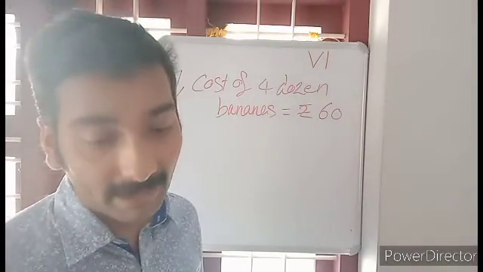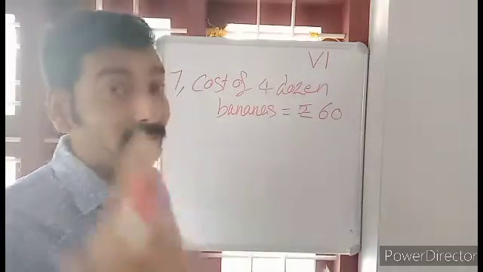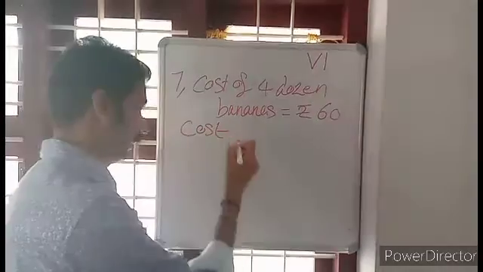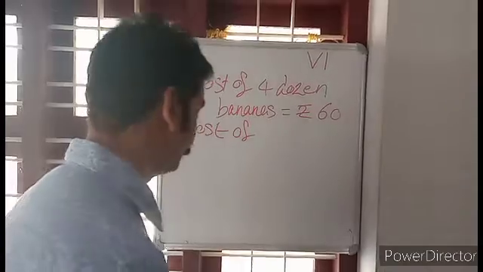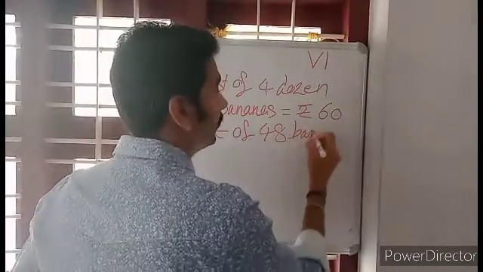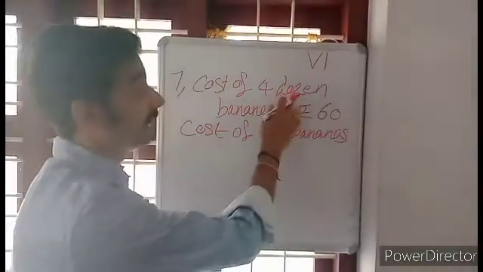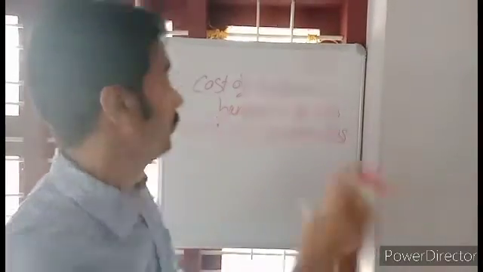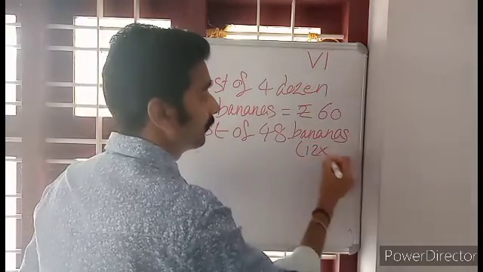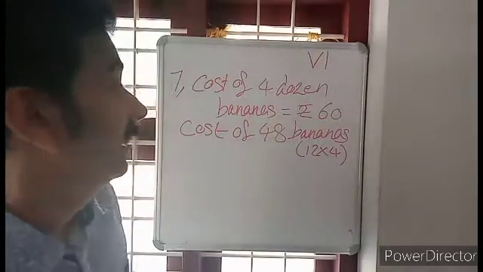We find the cost of bananas. 1 dozen is 12, then the cost of 48 bananas. 12 into 4 is 48 bananas.